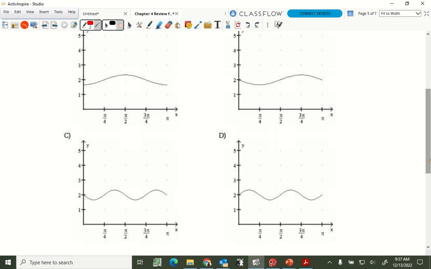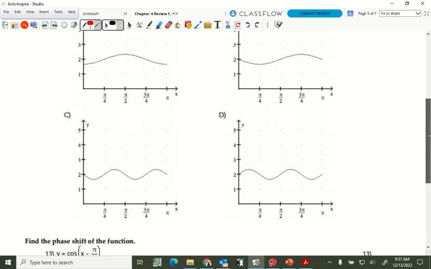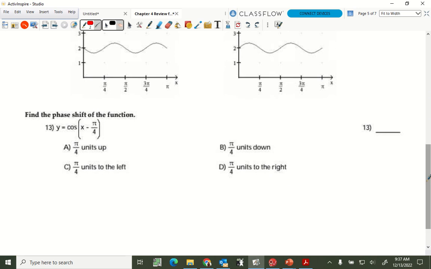Like I said, I'm not going to have time to go through all of them. I was hoping you would go through them yourself so you don't have to do this. Phase shift. Now, which way does a phase shift go? Opposite. Okay, the opposite. So it's going to be which direction? Right and left, right? Phase shift is right and left.